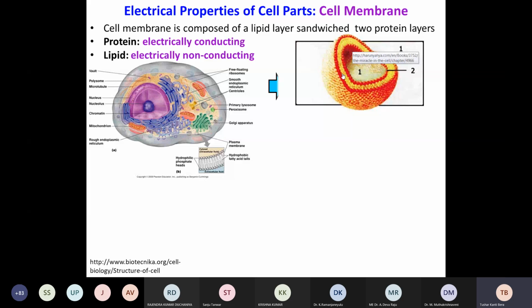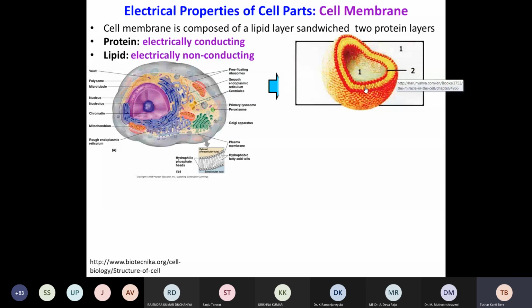then we see that the cell is surrounded by one cell membrane, and the cell membrane structure is developed with a protein-lipid-protein bilayer, where the capacitance will be produced from the cell structure. The protein is a hydrophilic material, which is water loving, so it will contain a lot of water, and the other protein layer is the same.